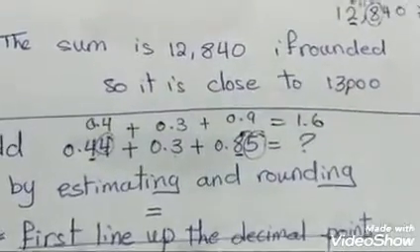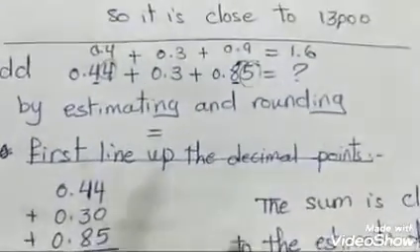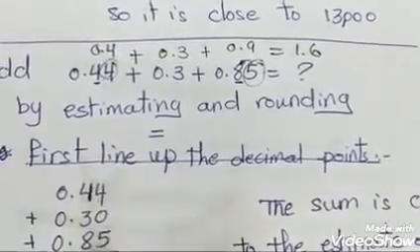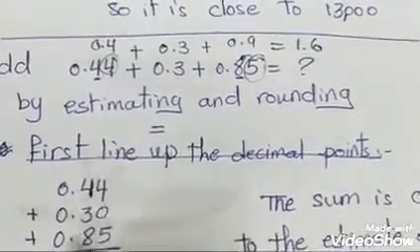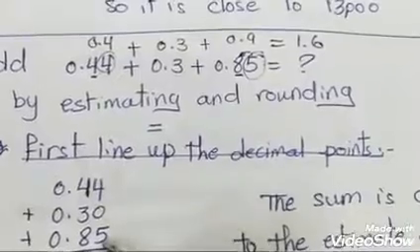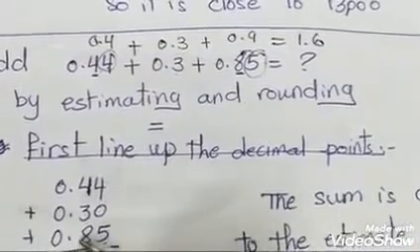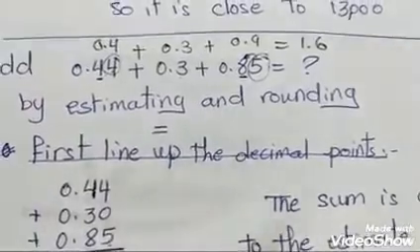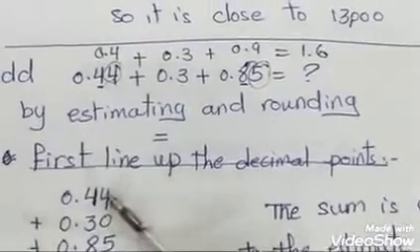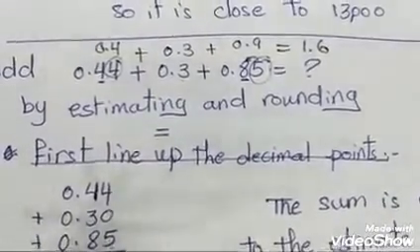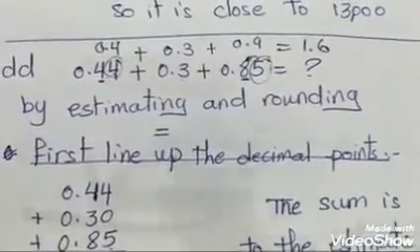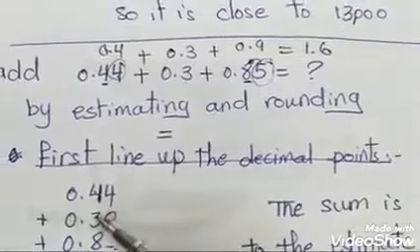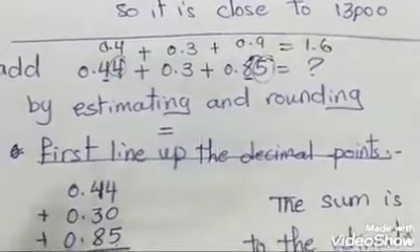Now the exact result. First I will line up the decimals, the decimal point. I have to put the hundredths, then the tenths, then the decimal point, and the 0 for the whole number. 4 plus 5 equals 9. 4 plus 3 equals 7. 7 plus 8 equals 15.